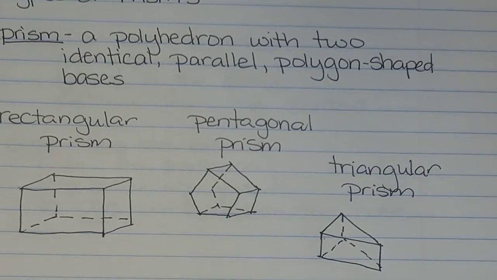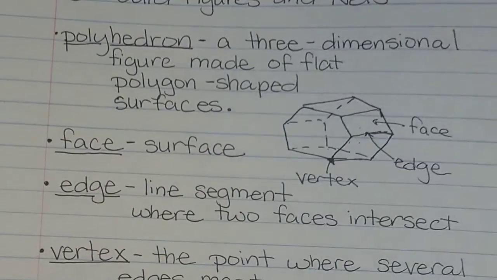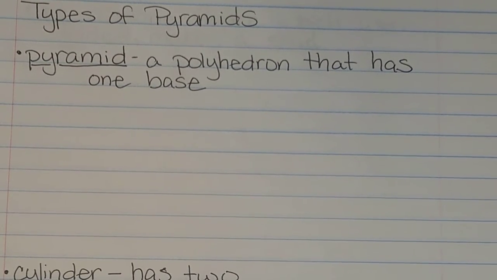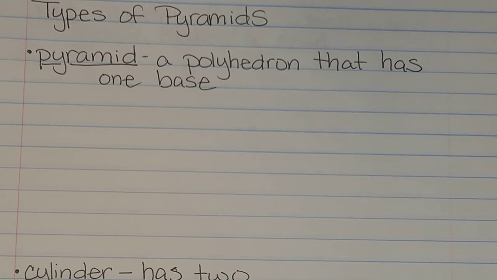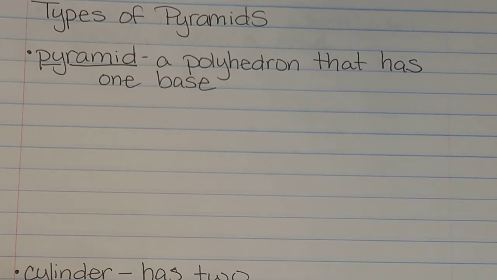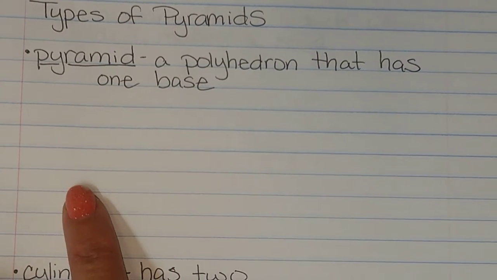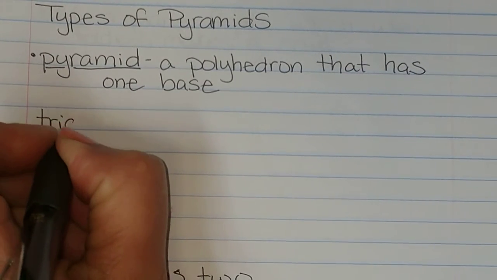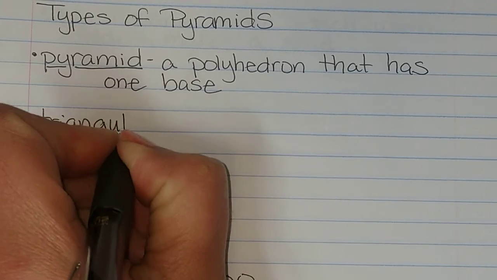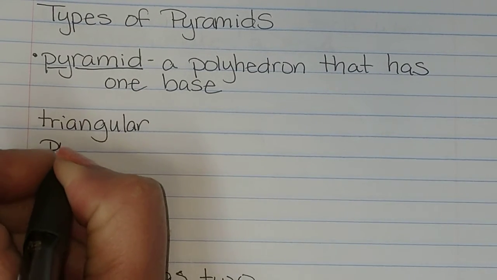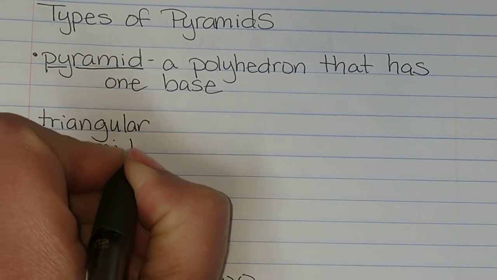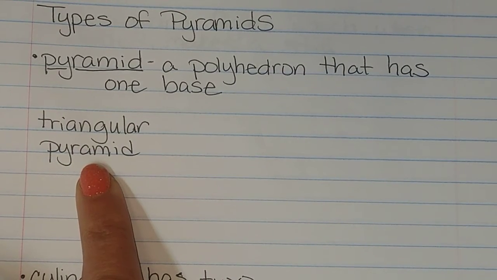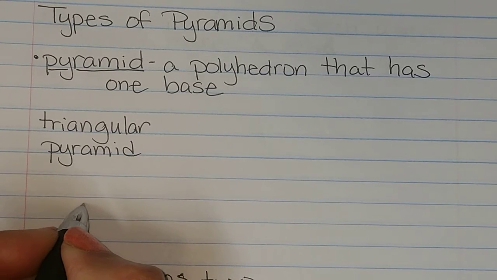Let's look at yet another type of polyhedron. Pyramids. A pyramid is a polyhedron that has one base. You noticed in the last shapes we had two bases. Let's look at a triangular pyramid. Now, a triangular pyramid is going to have the base of a triangle.